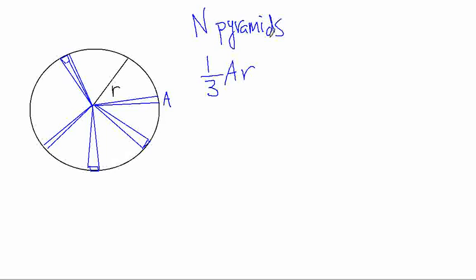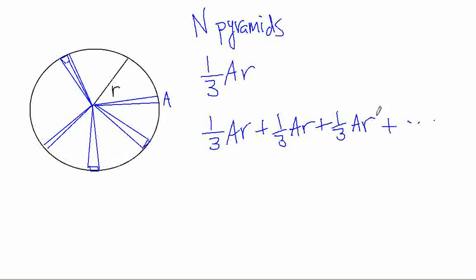So our volume approximation is going to be the sum of all of those pyramid volumes: 1/3 Ar plus 1/3 Ar plus 1/3 Ar, and remember, we have n pyramids. So that's going to equal 1/3 times r, factoring that out, times nA.